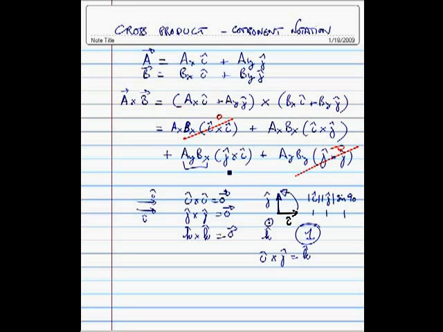Similarly, as we investigate j cross i, now you're sweeping j towards i, which is the same as going clockwise. In this case, you'll end up with a vector going inside the plane, which is opposite to the conventional k. Therefore, you'll end up with minus k.